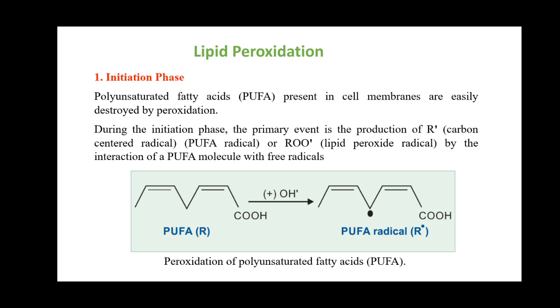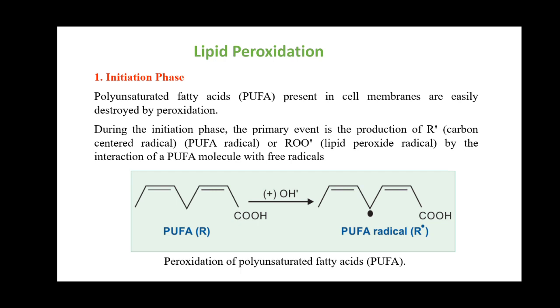Most importantly, the lipid peroxidation which takes place in the cell membrane. The hydroxyl radical can remove a hydrogen atom from the PUFA, that is polyunsaturated fatty acids present in cell membranes, which are easily destroyed by peroxidation. So it forms a free radical.